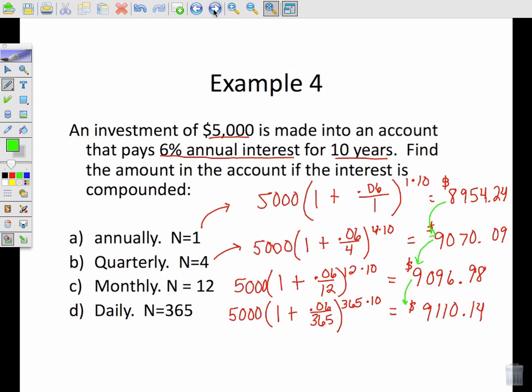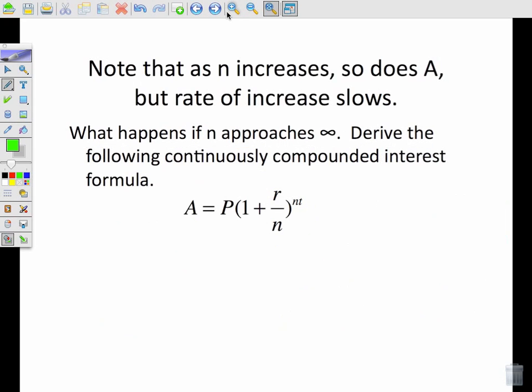What we're trying to work towards is compound interest continuously rather than by some specific amounts. So note that as n increases, so does A, but the rate of increase slows down, and that's what I was just talking about.